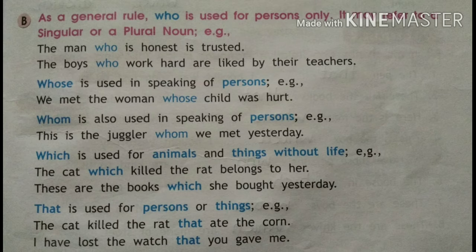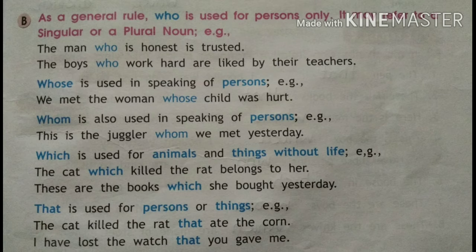For example, the cat which killed the rat belongs to her. And these are the books which she brought yesterday. So sometimes we use which for certain animals when we are joining two sentences, and for a thing which is without life, sometimes we use which as a relative pronoun to join the sentences.